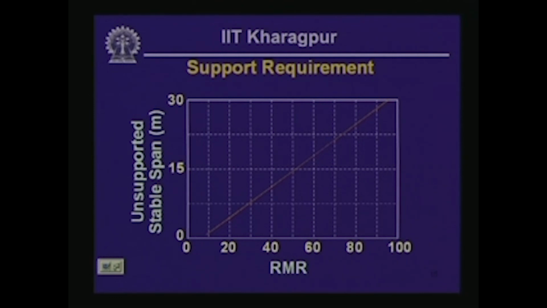What you can see is that as the rock mass rating increases, a larger length can be left unsupported, without any necessity to provide any particular support in order to stabilize the rock mass. That illustrates one of the applications of rock mass rating that we have considered some time back.